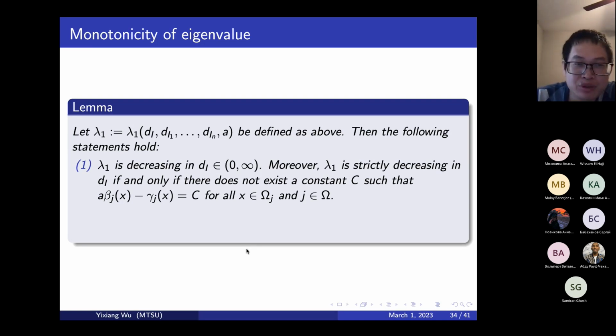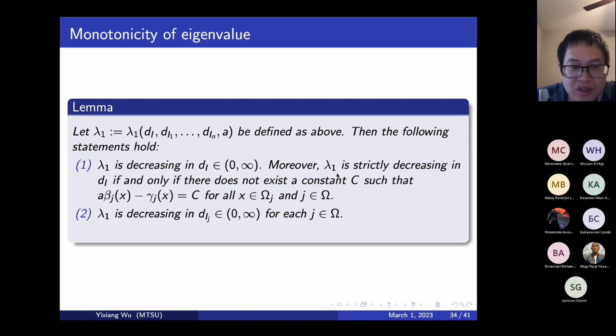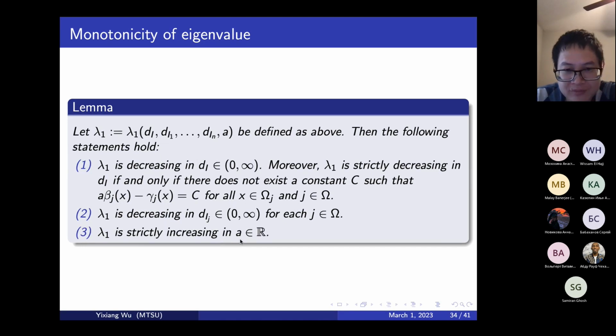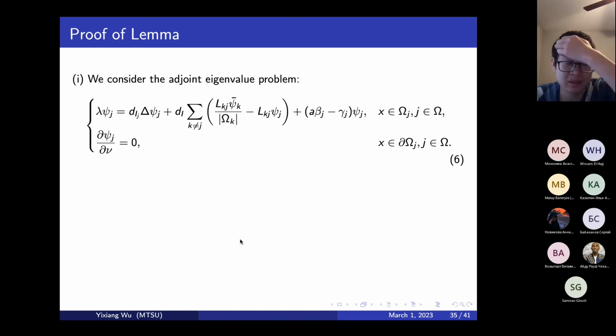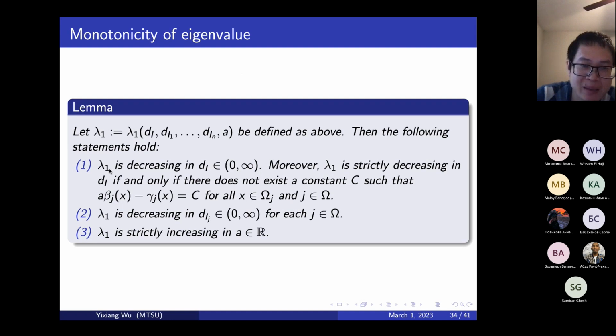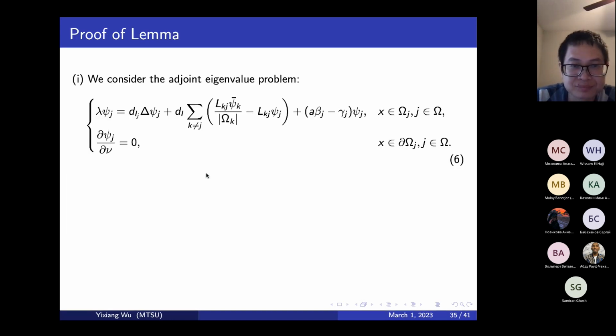Using this, we are able to show that the principal eigenvalue is decreasing in di, decreasing in dij, and strictly increasing in a. Let me briefly show you how to show it is decreasing in di.